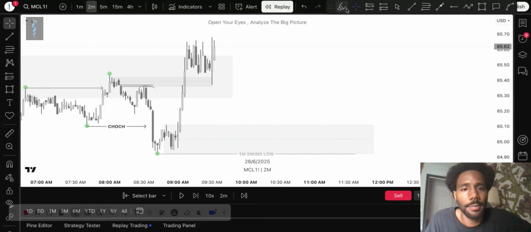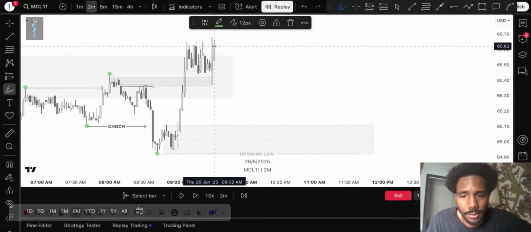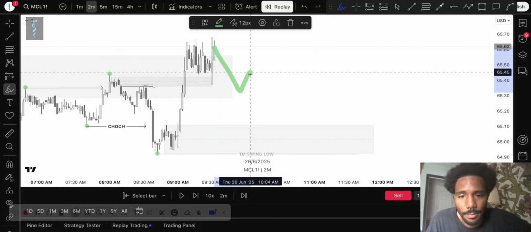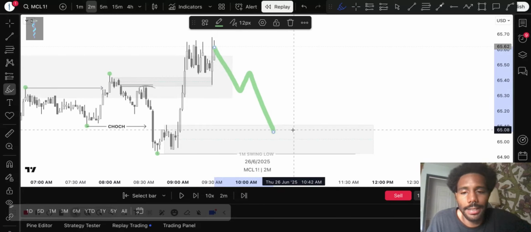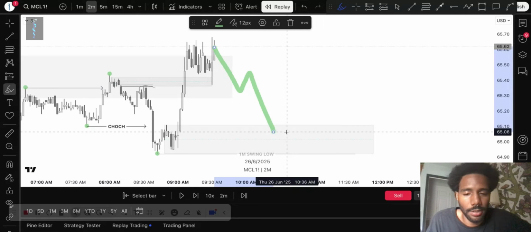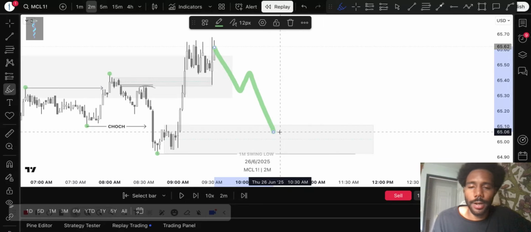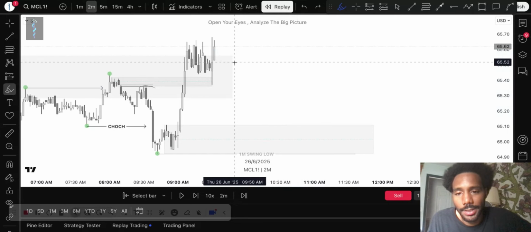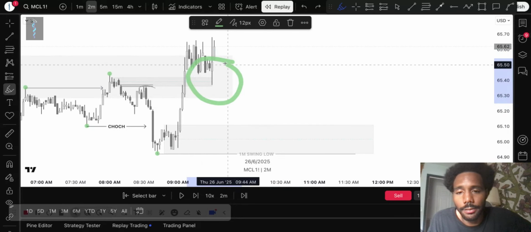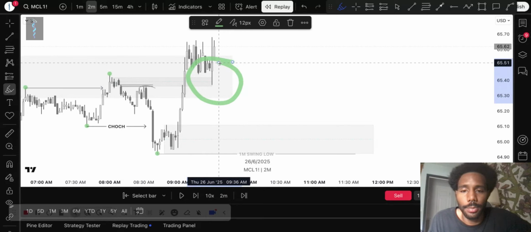But with flip zones, I don't see price pulling deep back into an area that is highly discounted, would be the best way I could put it. So price wouldn't give you a deep pullback like that. It typically happens inside of that failed supply or demand level you happen to be trading from.